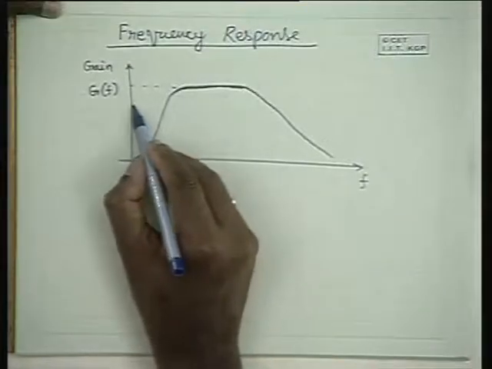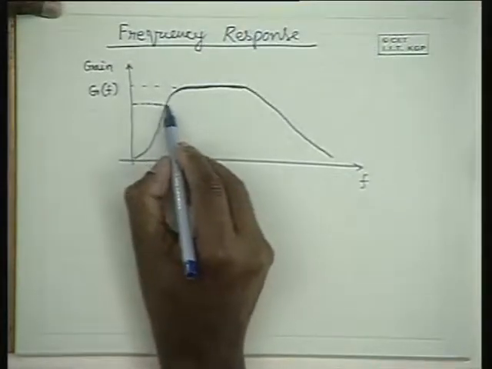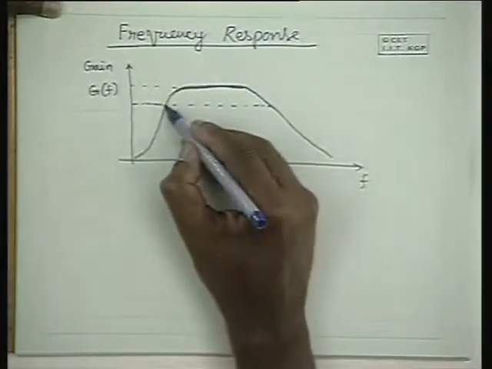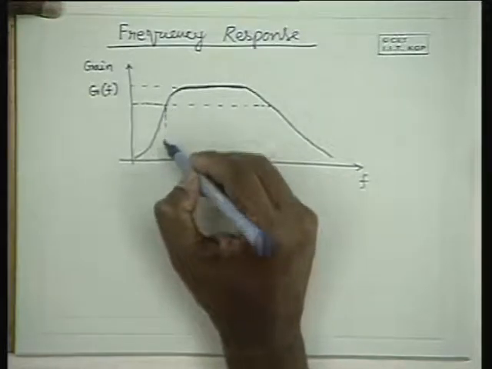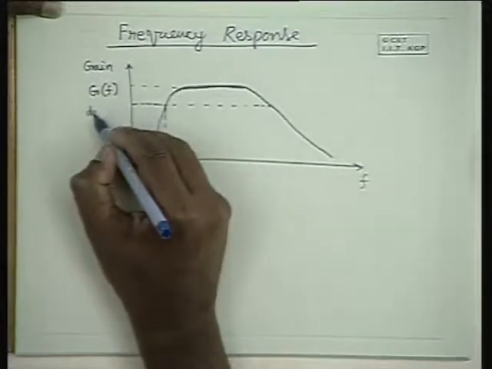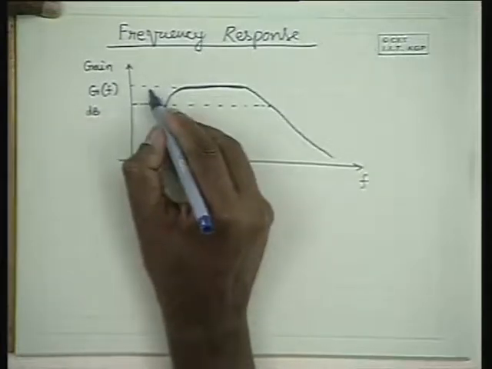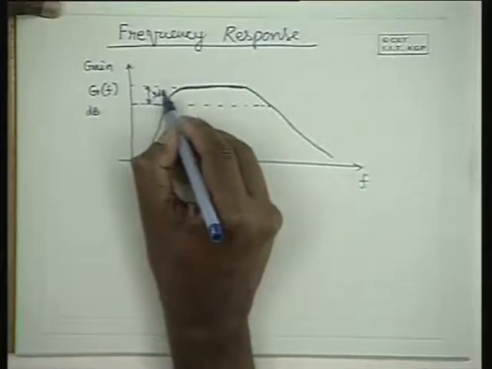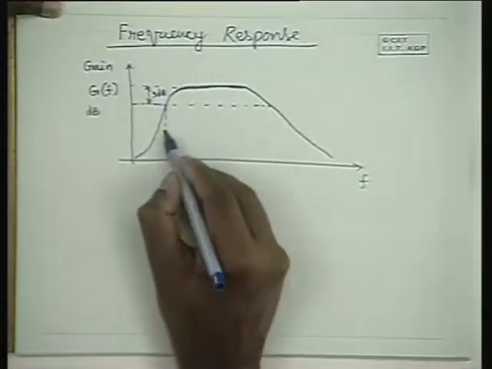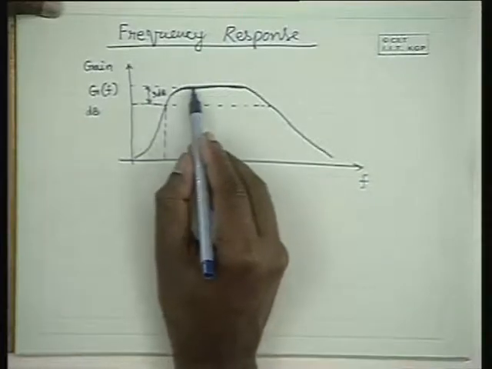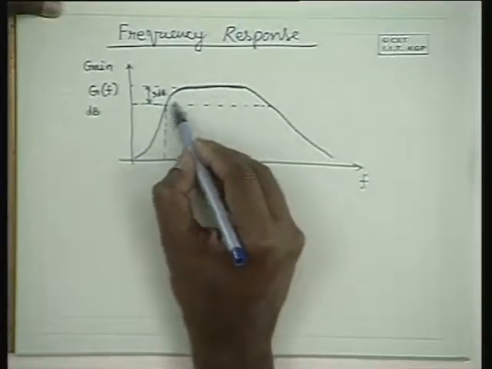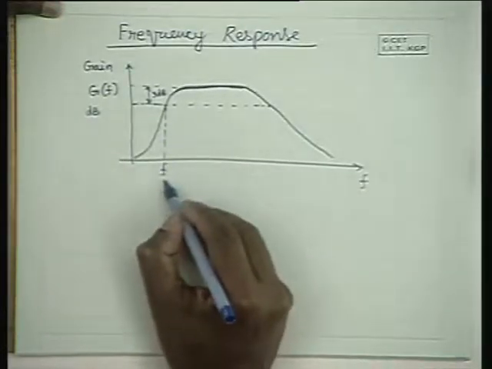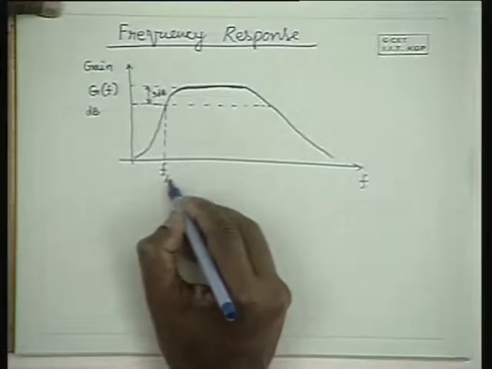So as you know already, we measure the bandwidth of an amplifier by considering 3 dB points when the gain is plotted on the dB scale. So we go for the 3 dB points, and the frequency at which the gain is 3 dB below the maximum gain on the lower side is called the lower cutoff frequency, FL.